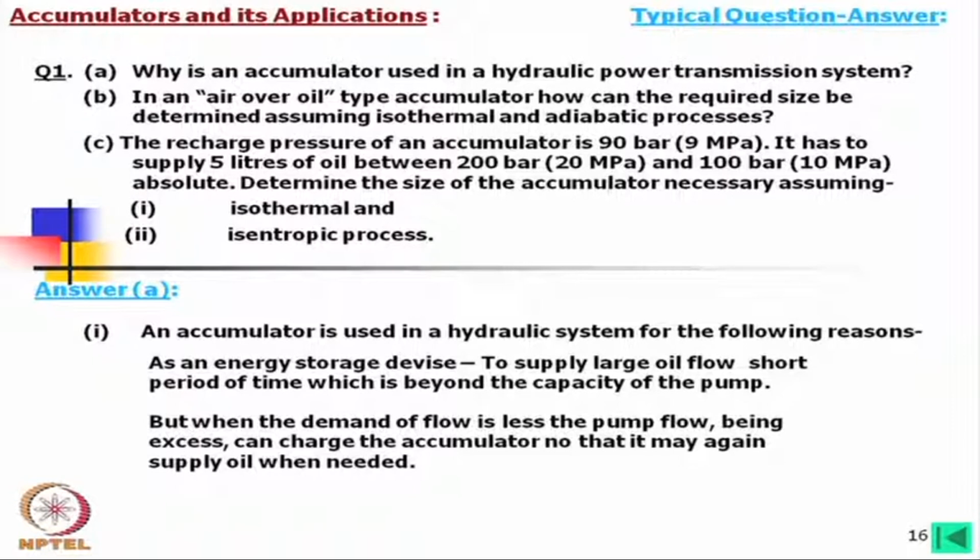But when the demand of flow is less, the excess pump flow can charge the accumulator so that it may again supply oil when needed.